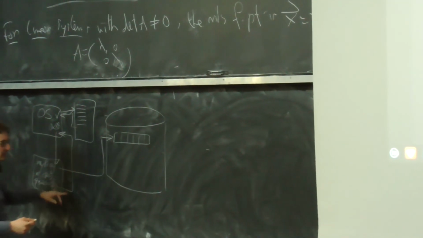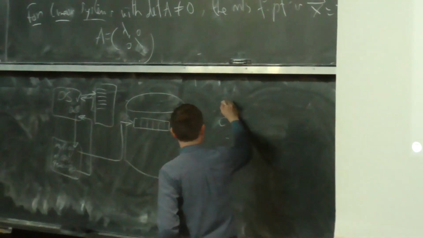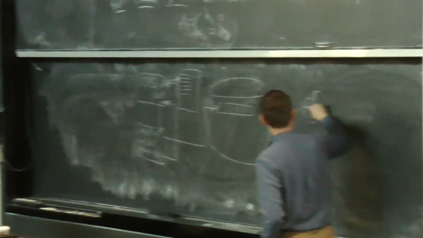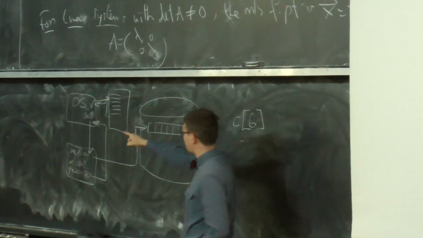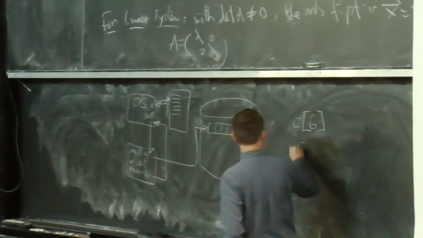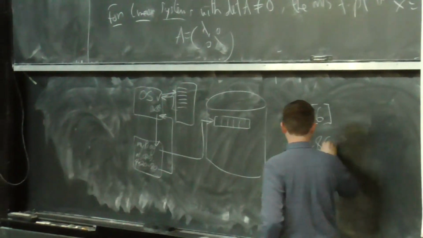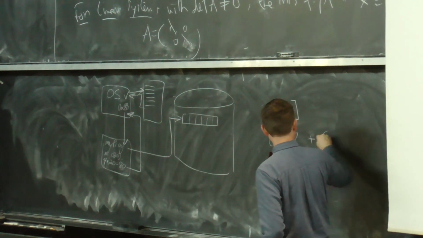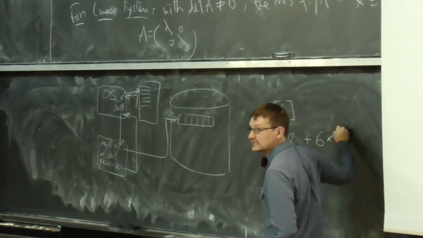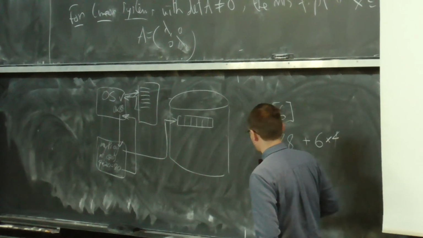If I ask for C at 6, what it's actually doing is saying, okay, C is located at this address, plus 6 times the size of the data type of the array, which is in this case 4.